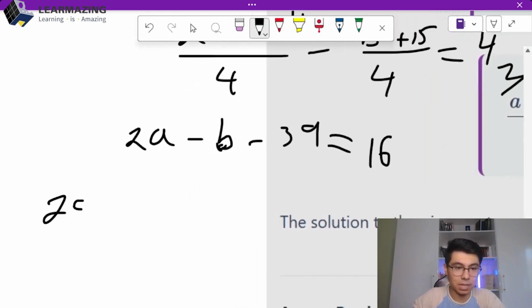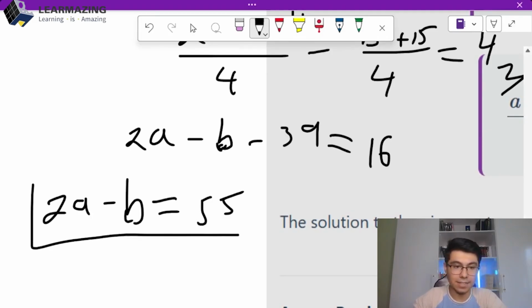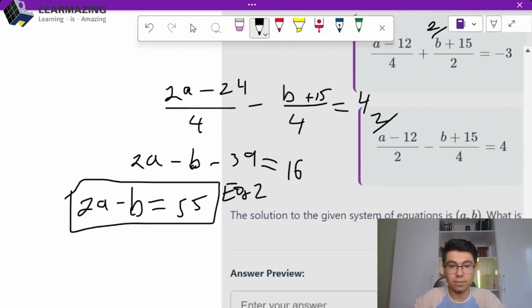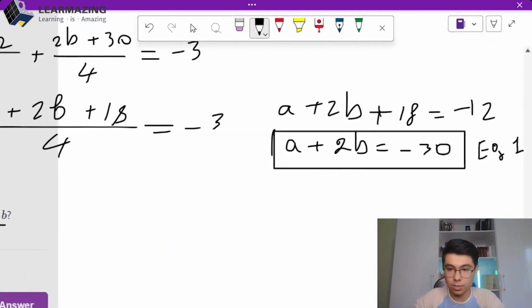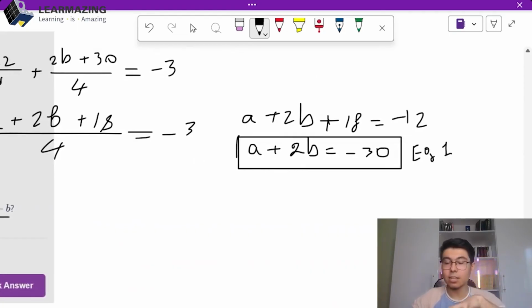After that, we got 2A minus B equals 55. And now we have the second equation as well, the simplified version of it, equation number 2. And we also have the simplified version of equation 1 as well. Now we can use elimination by adding both of these equations.